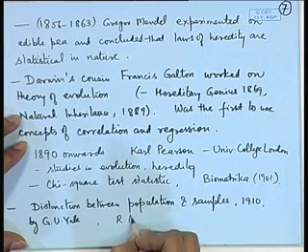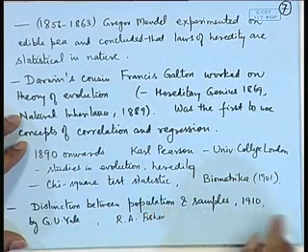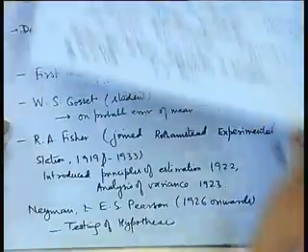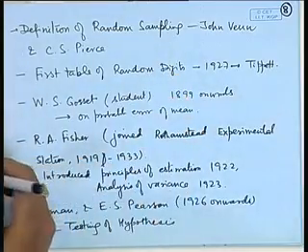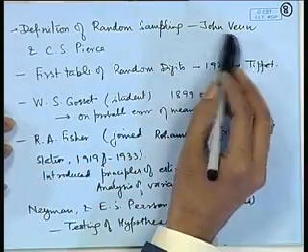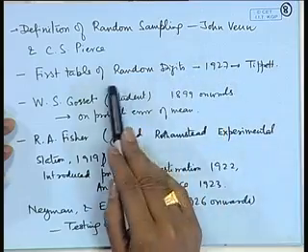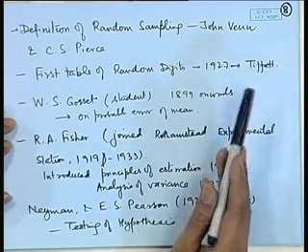Around the same time, R.A. Fisher also gave a clear-cut distinction between population and the samples. The definition of random sampling is credited to John Venn and C.S. Peirce, and in 1927 the first table of random digits was printed by Tippett.